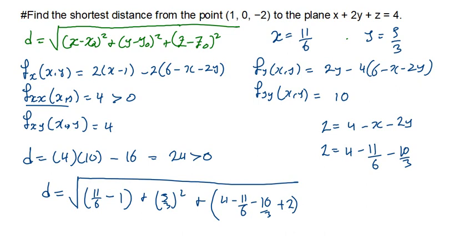So when you finish here, you find that your shortest distance is going to be equal to 2.041 units. And that's what my shortest distance is.